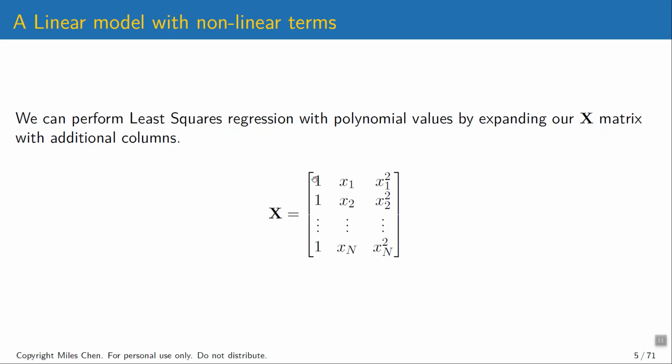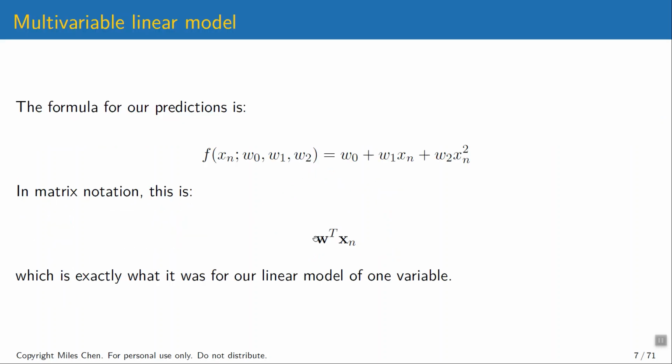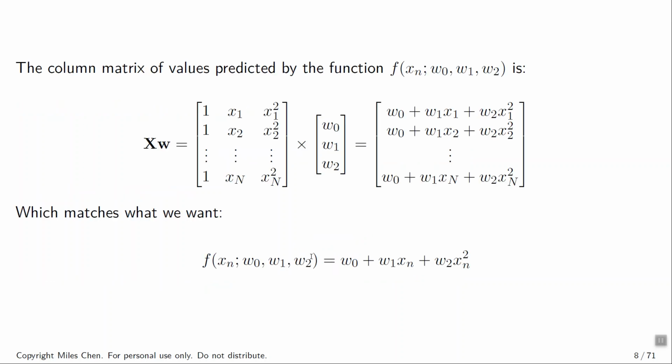So x by itself is a column that's 3 by 1. So W transpose is 1 by 3, and xn is 3 by 1, so this will be a 1 by 1 scalar value. And when we take every observation and we transpose them and combine them, we're going to have an n by 3 matrix.